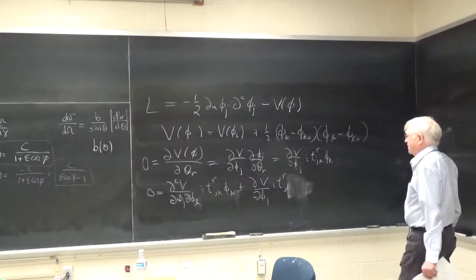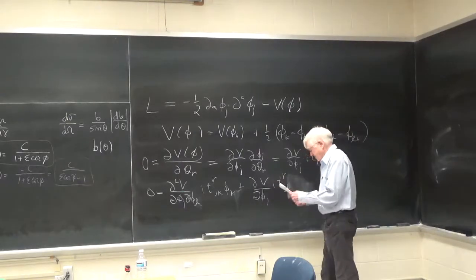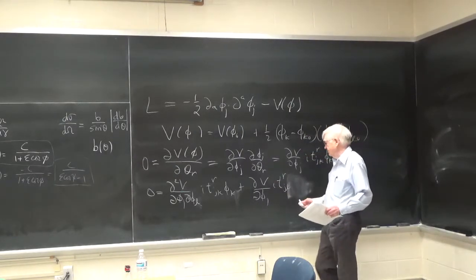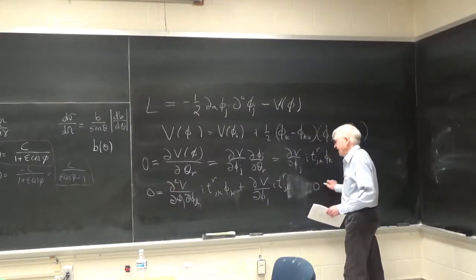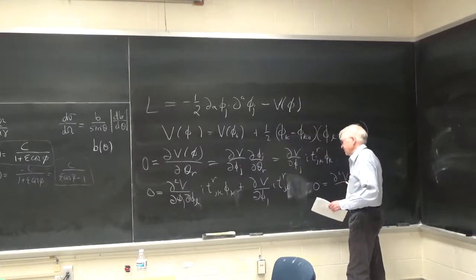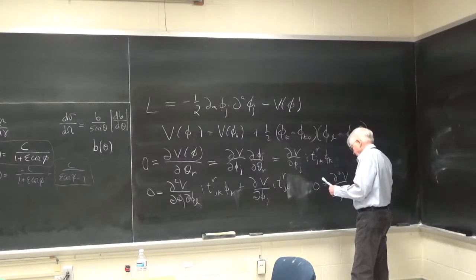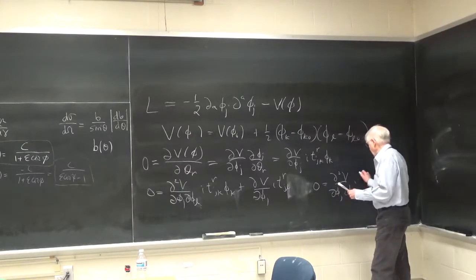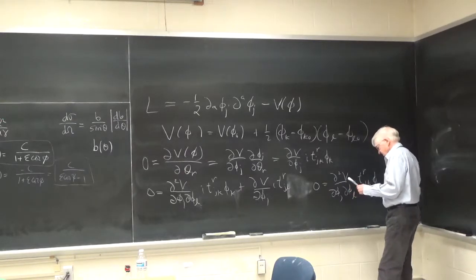Now if we restrict ourselves to points that are a minimum of the potential, the first derivative vanishes, and what we have is 0 equals partial squared v, partial phi j partial phi l, times i t r j k phi k 0.